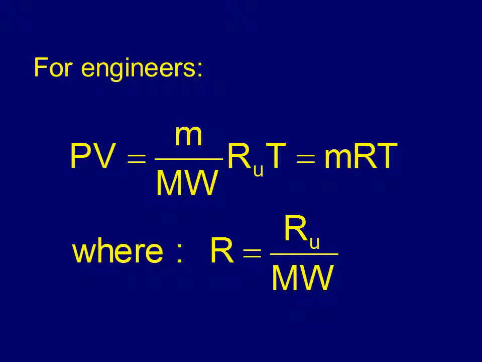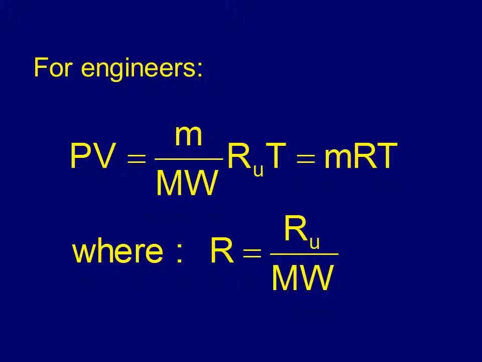The only problem is there's a different R for every gas. I personally like to just remember this equation as PV equals m over molecular weight times Ru times T. That way I can work the mass in there. The moles are m over molecular weight, and all I have to do is remember different molecular weights. I'm a chemical engineer, so it's no big deal for me to remember different molecular weights.